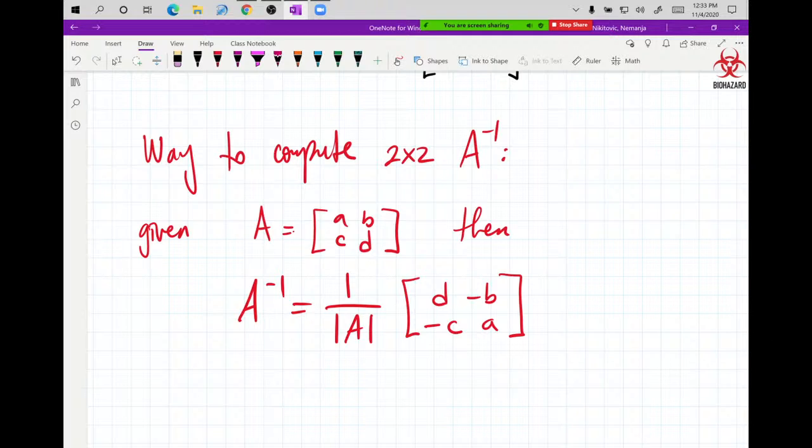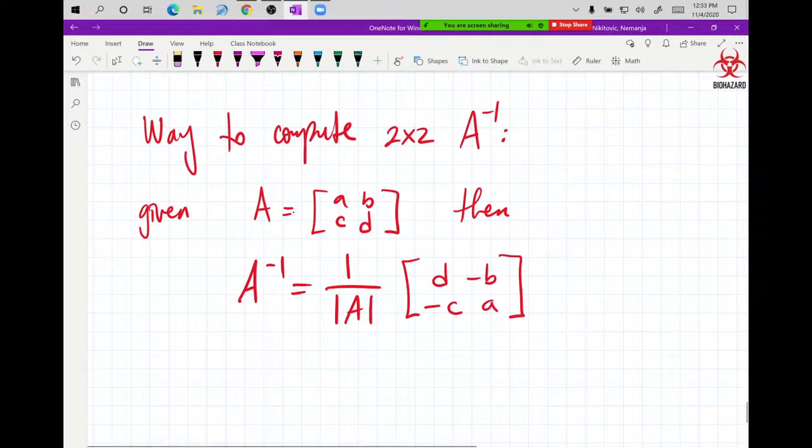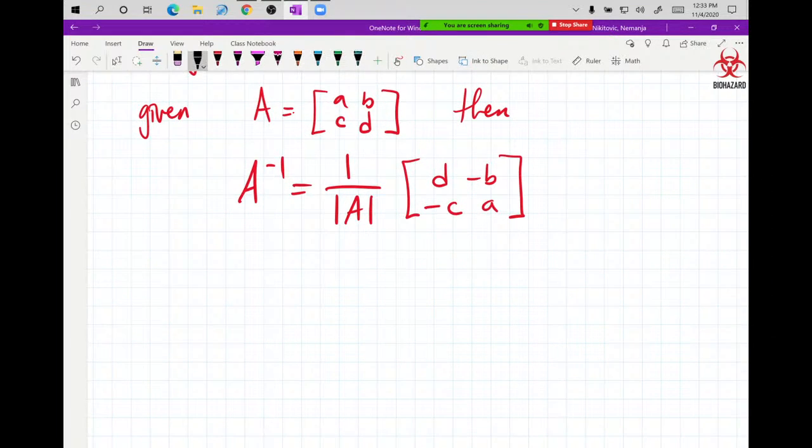But this is the way to, again, use matrix multiplication to solve those problems. So if I am to have, let's say, 3x plus 4y equals 15, and then you have, let's say, negative x plus 2y equals 7.